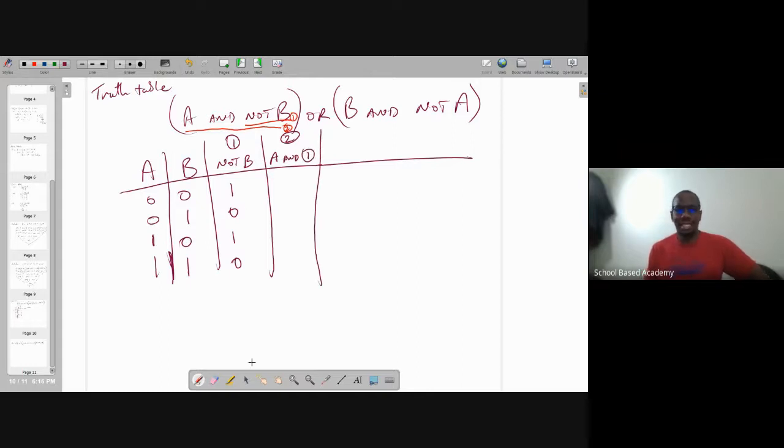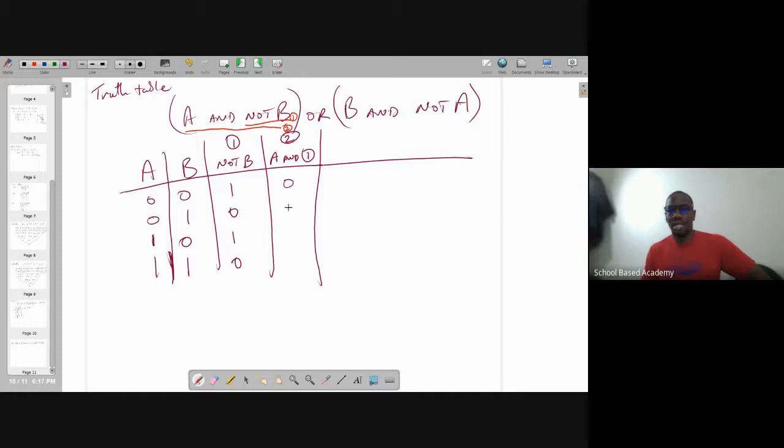So we're looking at these two columns here right now. We're looking at A, and we're looking at this column, and we are going to see what is the result going to be when we join these two columns, column A and column 1, using an AND. So 0 and 1 is going to give us 0.